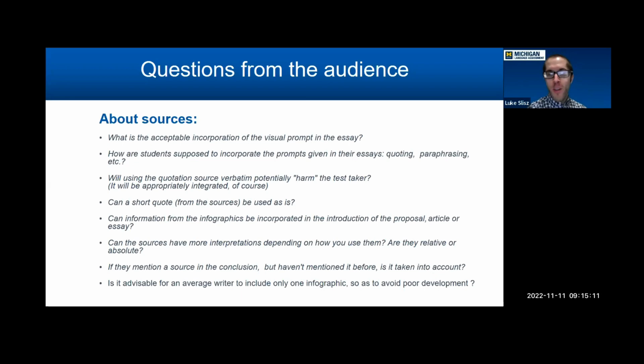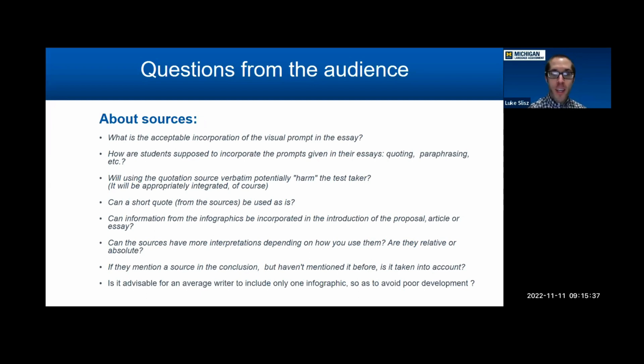How they actually incorporate it, there's a lot of flexibility there. Quoting and paraphrasing, one is not necessarily better than the other, but if you are simply quoting the source, it is very important to then expand on what the source is saying so the student can use their own words to talk about the importance of that piece of information and what the consequences would be in relation to their argument.